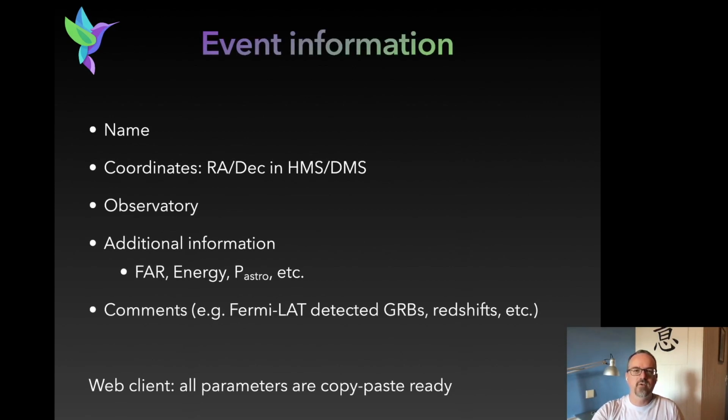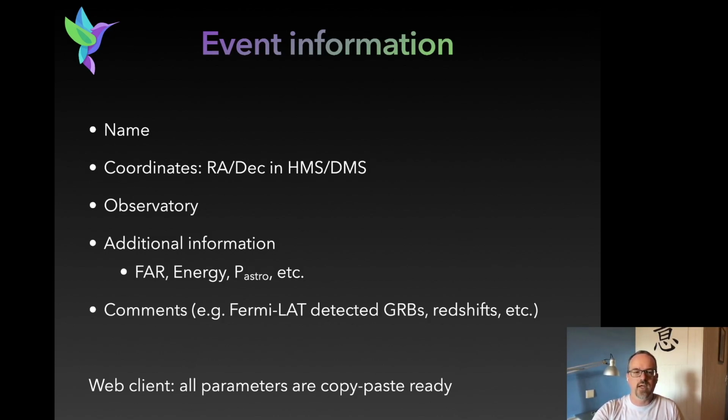The basic information of each event is shown directly in Astro-COLIBRI. This, of course, includes the name of the event, its coordinates in different systems, with hours, minutes, and seconds, and the name of the observatory. Depending on the event itself, it might contain additional parameters that are important, like the false alarm rate, the energy, or the astrophysical probability, for example, for a neutrino event.